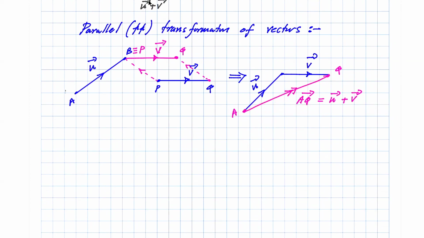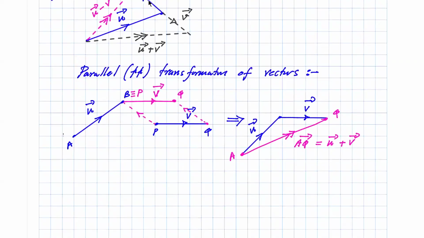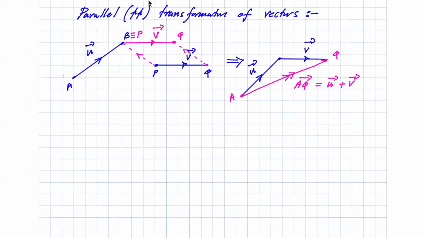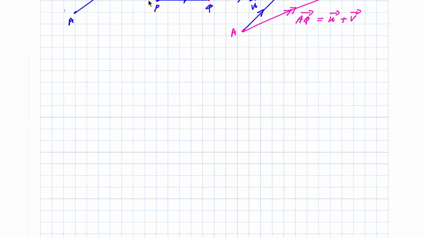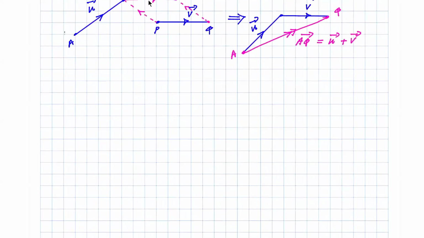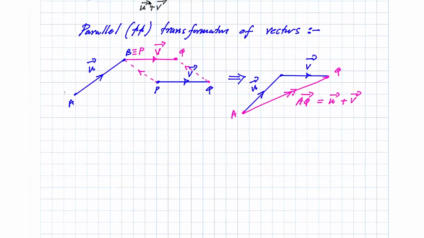Good. Okay. So now we understand we can parallelly transform vectors. Now we will think about resultant vectors deeply. So this vector is a resultant vector.